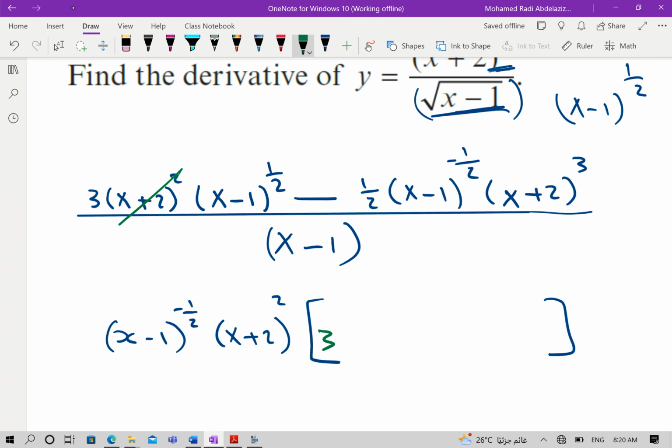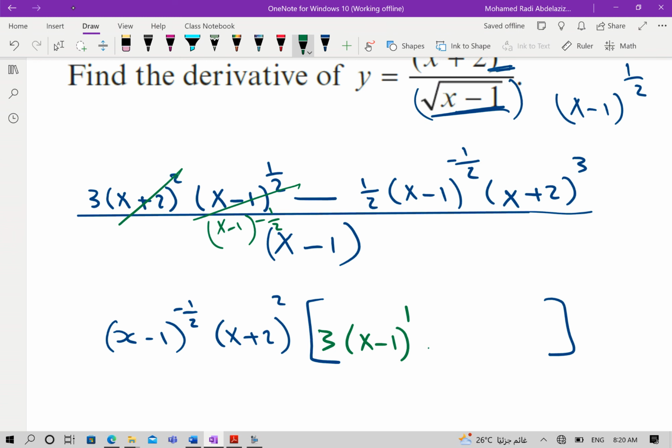When you do (x - 1) all squared divided by (x - 1) to the power of negative half, it's a half. If you simplify it, you will get (x - 1) to the power of 1. When you subtract the powers, half minus half will be 1.